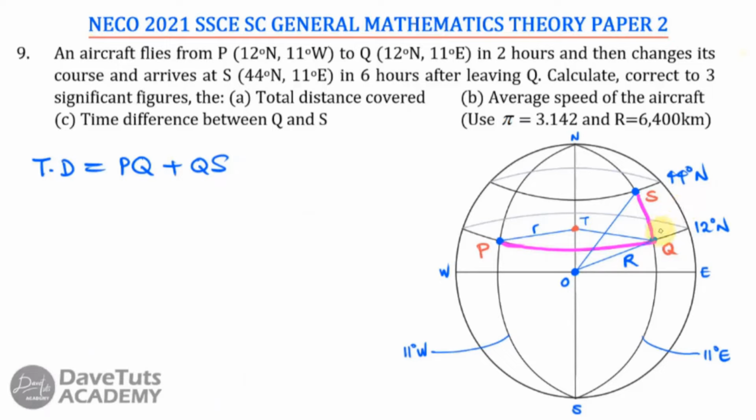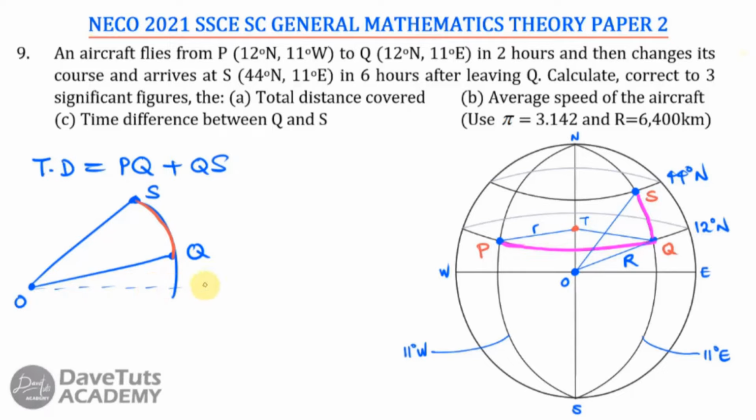Now, if you are to consider the distance from Q to S, what we have is something like this. We have this as the center of the globe, and then we have this particular arc coming like this, and we have point Q first, and then on the other hand, we have point S. Now, the distance between them is this QS here, but what we are looking for first and foremost is how we can find the angle between them.